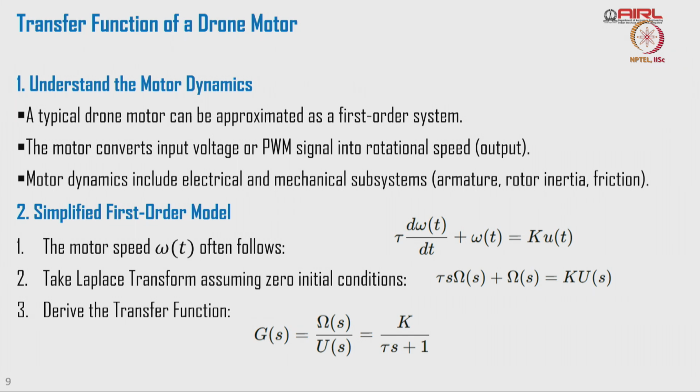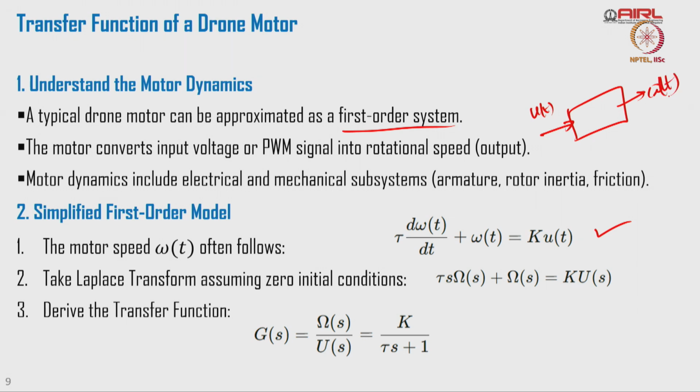We come to see what can be the transfer function of a drone motor. We have to understand the motor dynamics. When we talk about a typical drone motor, it can be approximated as a first order system. Okay. The motor converts input voltage or signal into a rotational speed, which is omega(t), fine. So, we get some input into the system u(t), and what we get out of that is a rotational speed, that is omega(t).